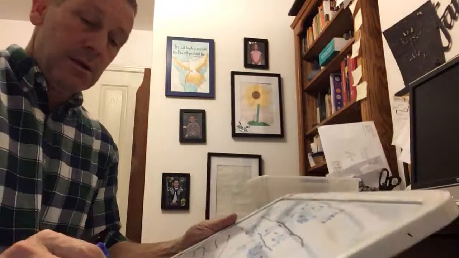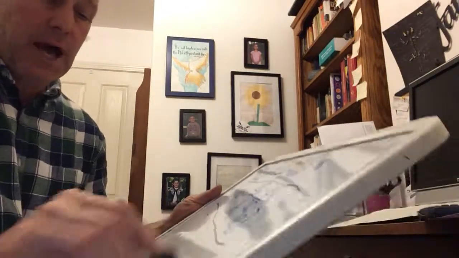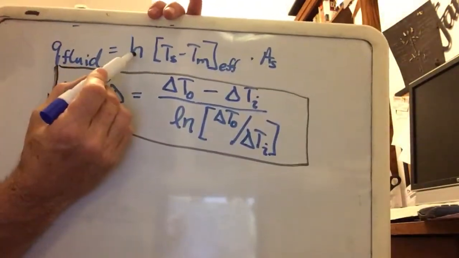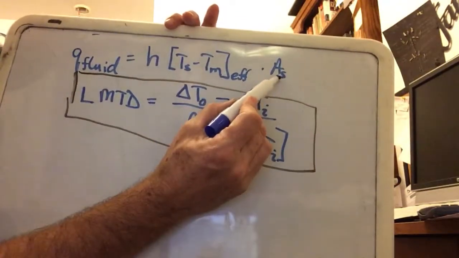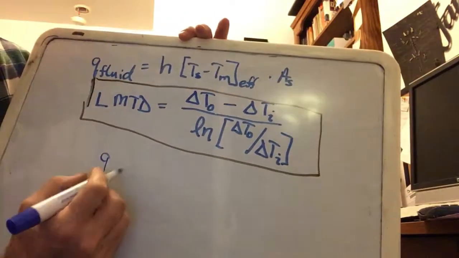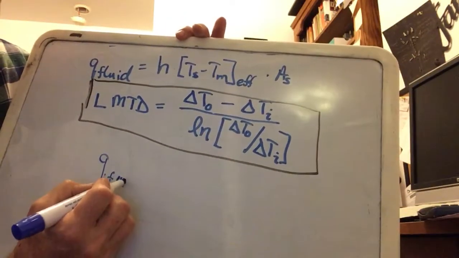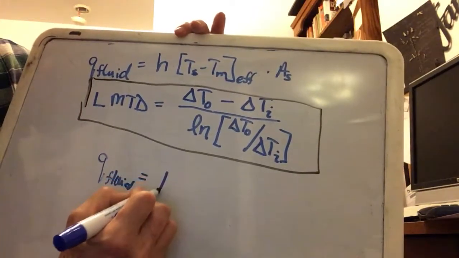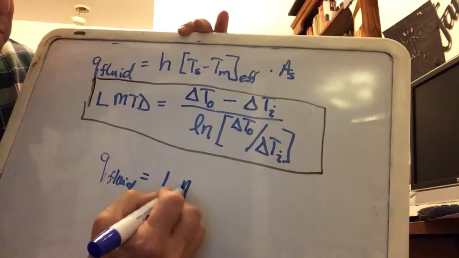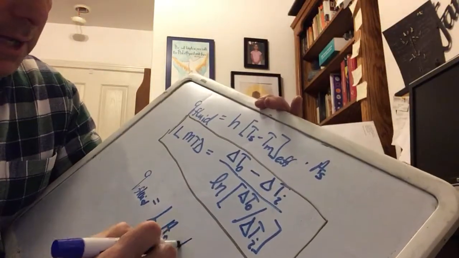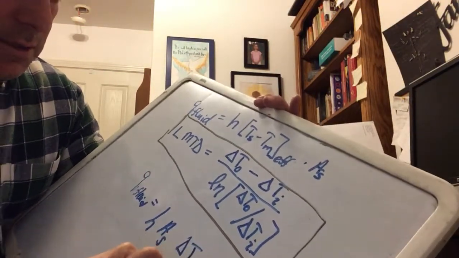That log mean temperature difference then allows us to relate the heat transfer to the fluid to the H value. The book just writes it in a different order where they put the surface area here like this. So your equation for this case is the heat transfer to the fluid is equal to H, the H value, times the surface area of the pipe, the interior surface area of the pipe, multiplied by the log mean temperature difference.